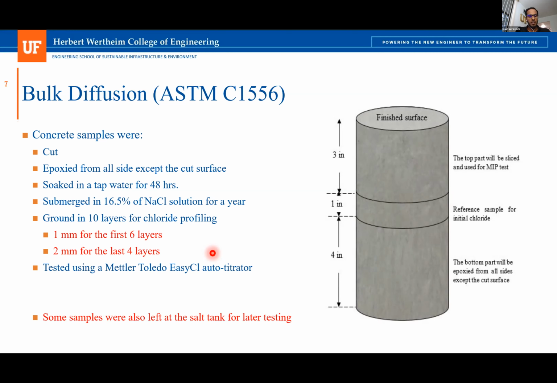Then after that, we got them and ground them into thin layers: 1 millimeter for the first 6 layers and 2 millimeters for the last 4 layers. We also left some samples in the tank for later testing.